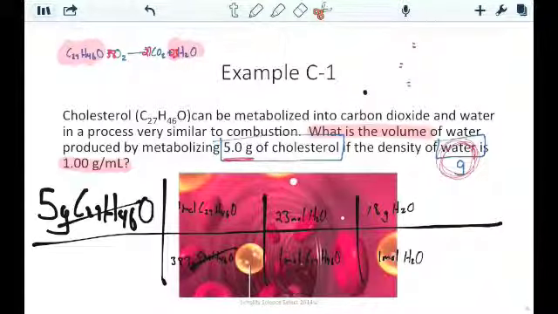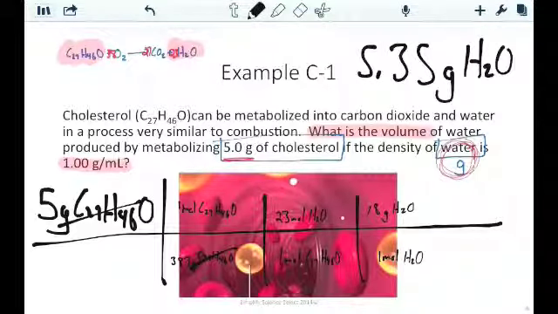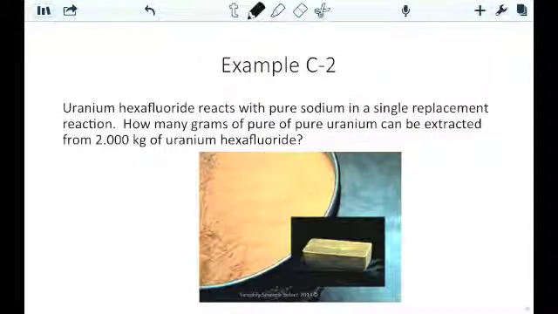And then all we have to do is multiply the top. So 5 times 23 times 18, all divided by our 387. And we should get an answer right around 5.35 grams of H2O.